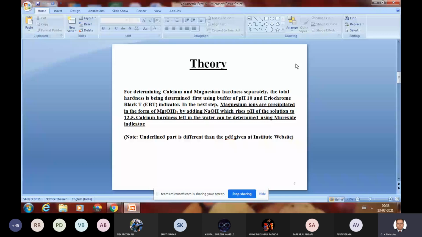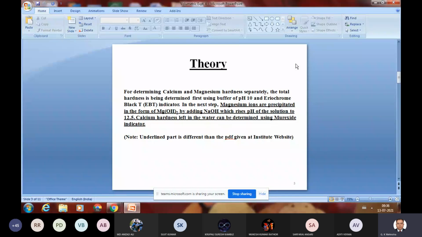Before going further, so this is the water. Actually, we know that calcium carbonate is taken as a standard, and we express hardness in terms of CaCO3 equivalent. You know this.